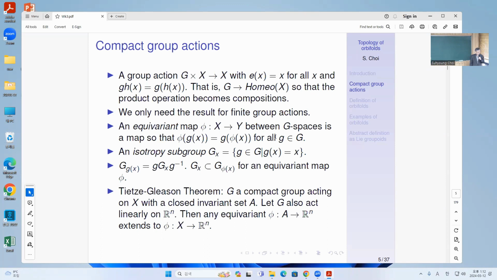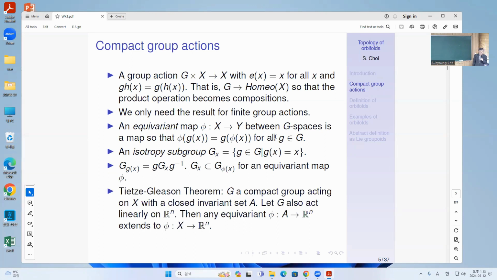So one of the fundamental theorems is Tietze-Gleason. Let G, a compact group, act on X with a closed invariant set A, and let G also act linearly on R^n. Then any equivariant map from the closed subset A to R^n extends to the whole space. Okay, so you can always extend.